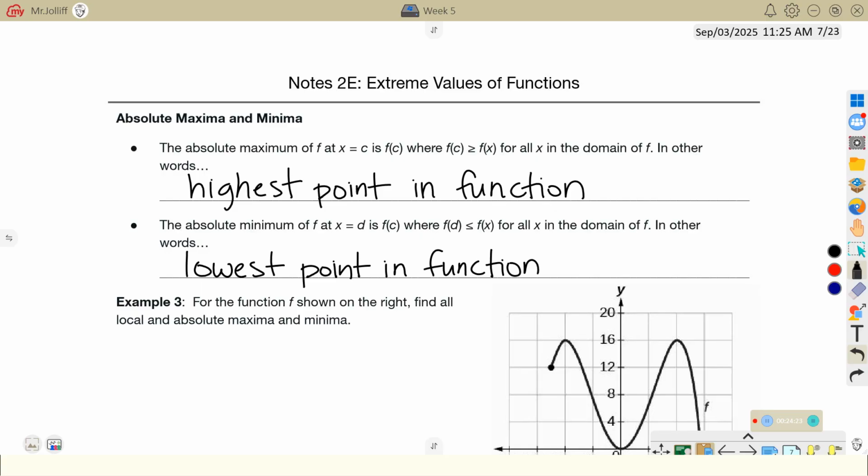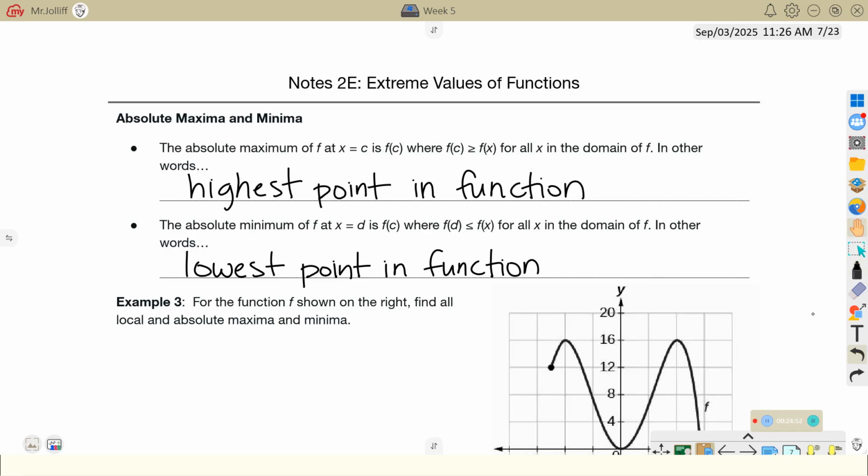Sometimes absolute and relatives will overlap. Sometimes the top of a local peak will also be the highest point in the whole picture. Sometimes the bottom of a valley will also be the lowest point in the whole picture. So it is possible that your absolutes correspond to relatives. They can be the same point. Yeah? If that point is both, label it as an absolute.